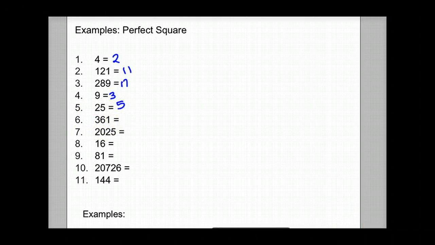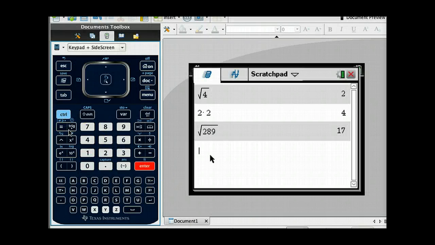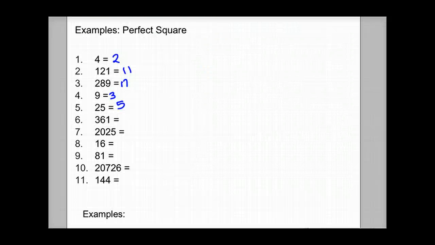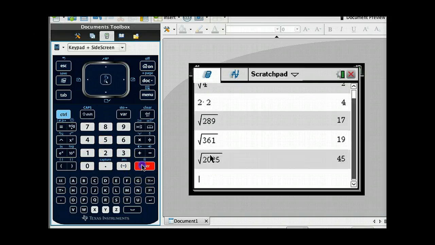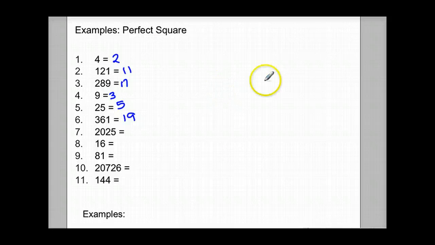361. Let's check that out. I go back. Square root. Oops, not answer. Control square root of 361. Enter. 19. Now look at this, 2025. So again, you go to your calculator, control, 2025, enter, and that becomes 45.